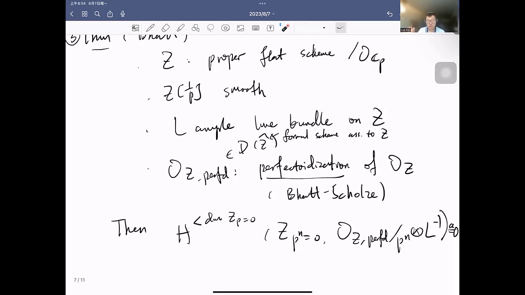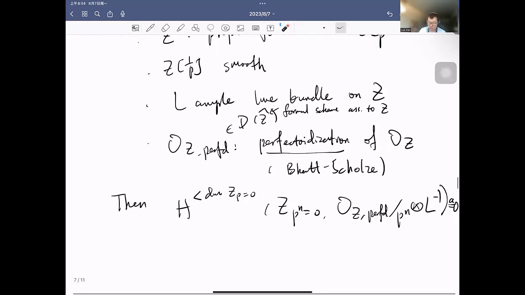So this result will be enough for our purpose. You can imagine that in our case, we will take Z to be a finite level Shimura variety. We take some formal model, and yeah.